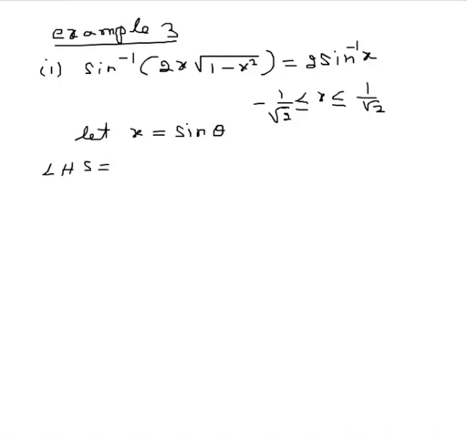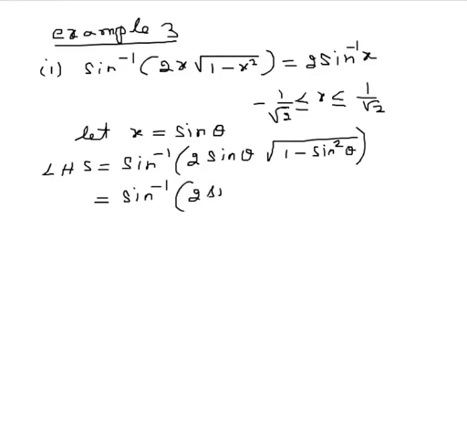Therefore, the left hand side becomes sine inverse of 2 sine theta into root of 1 minus sine square theta. Identity we have, 1 minus sine square becomes cos square theta.